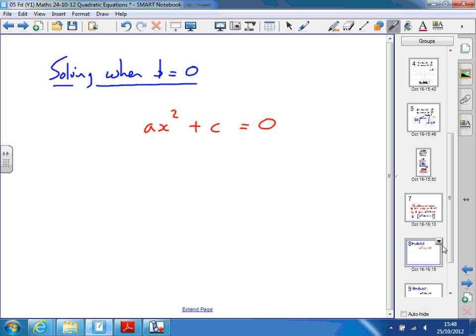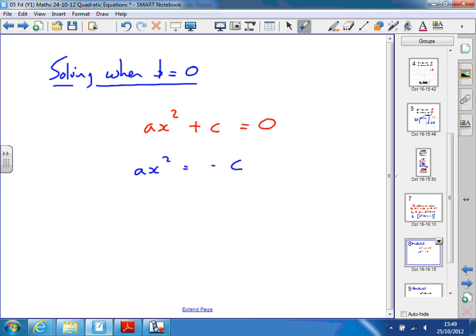Okay, we solve this like a normal equation effectively. Let's get x on its own. What's the first thing to get rid of? Yeah, the c. X has been squared, then multiplied by a, and then c has been added. So the last thing was c was added, so get rid of that c term. Ax squared equals minus c.